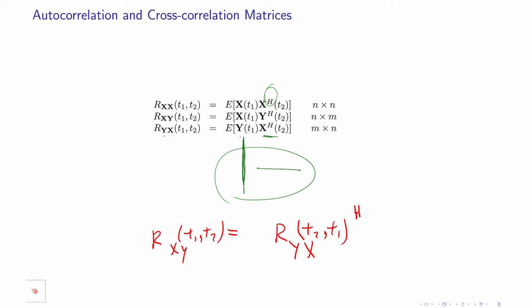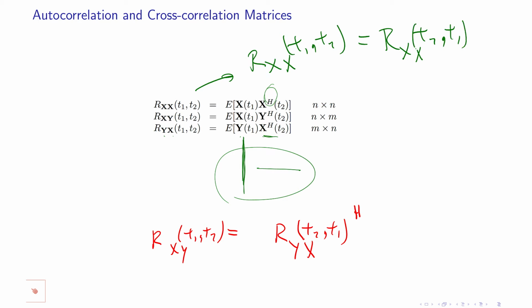But for the first one, you can see that r x of t1 and t2 is equal to r x of t2 and t1 Hermitian as well. So this is always true. And r y of t1 and t2 also is defined like that.